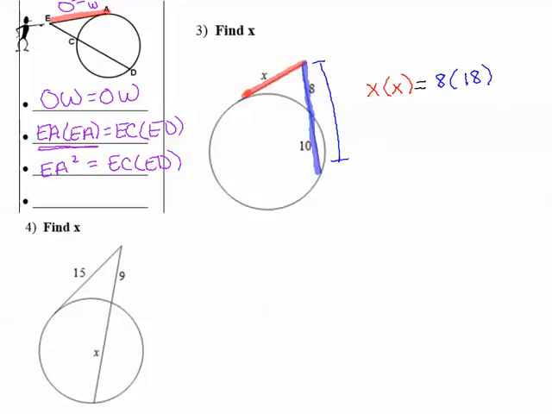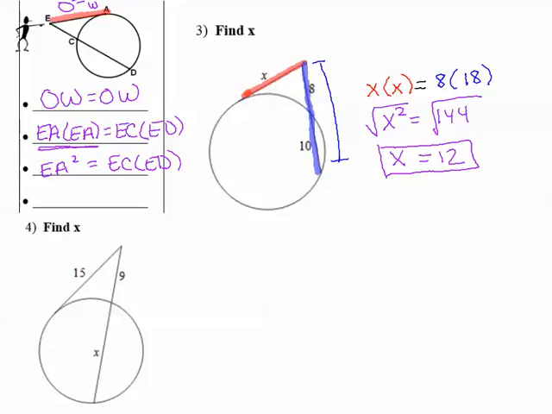So when I do that math, I end up getting x squared equals 144. I'm going to take the square root of both sides and I get x equals 12. I know it can't be a negative 12 because this segment can't be negative. It just doesn't make sense.